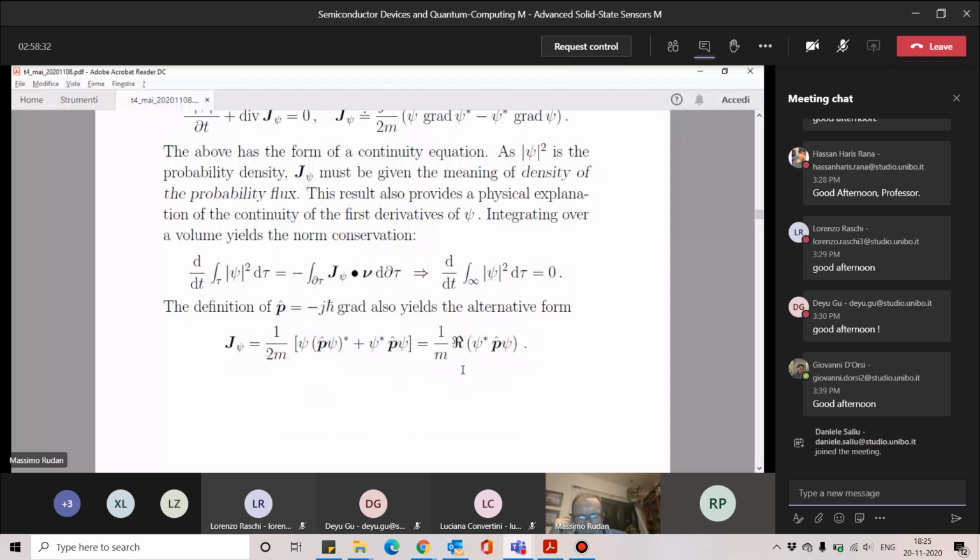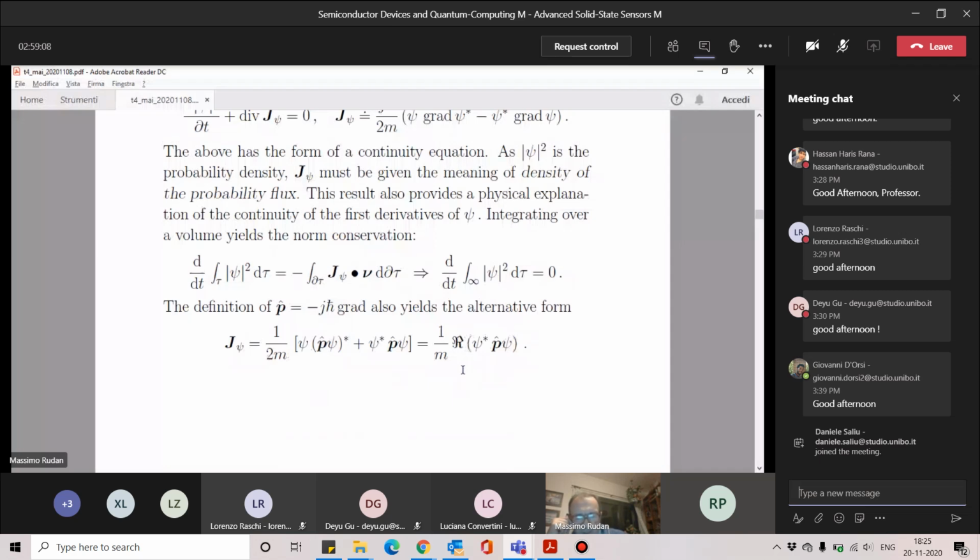This is not actually a flux in classical terms because there is an operator p. So we cannot take the operator out, because the operator operates only on psi to the right and does not operate on psi star, okay? But formally, the structure of J is exactly the same structure of the flux. The flux, you remember, is concentration times velocity, of classical mechanics or fluid dynamics, okay?